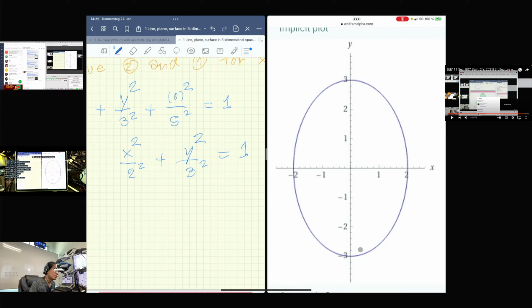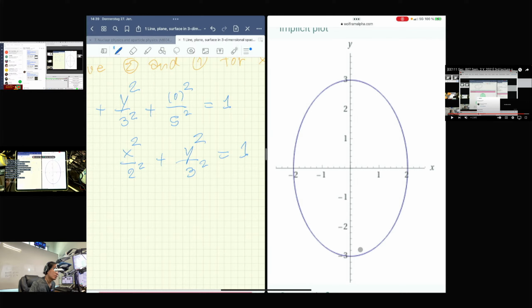E and the xy plane will be the set of coordinates x, y, z given x squared by 2 squared plus y squared by 3 squared equals 1 and z is equal to 0, and that's the closing parenthesis for this set. And this is the answer to the first problem, which is about the intersection between the xy plane and this ellipsoid. So what about the second one?